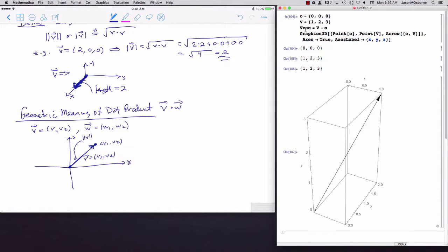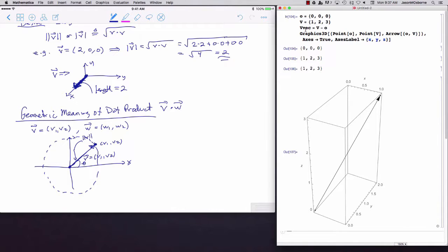Now, continue the idea here to draw a circle that has this vector, and you're going to swing this vector around by an angle theta. So this vector will trace out a circle of radius length of v.